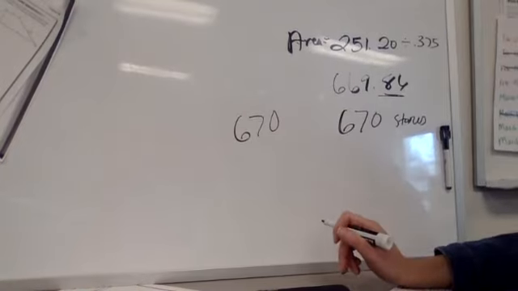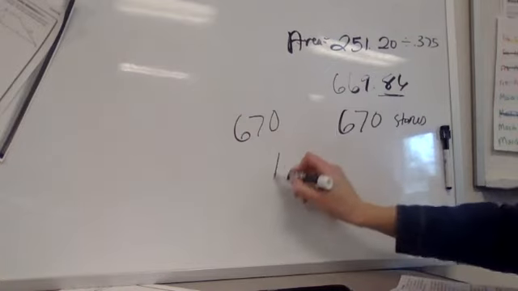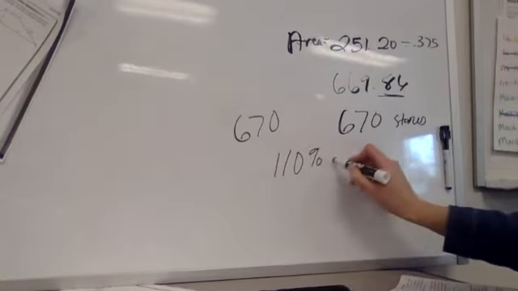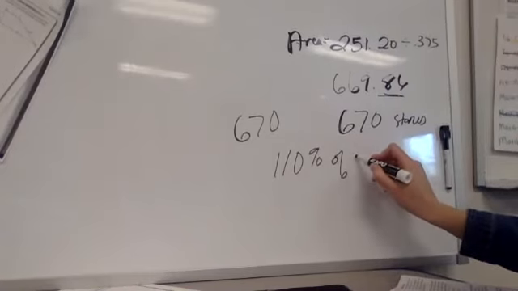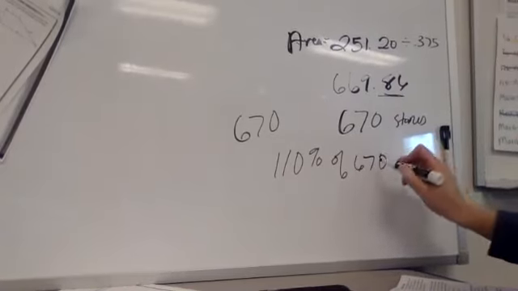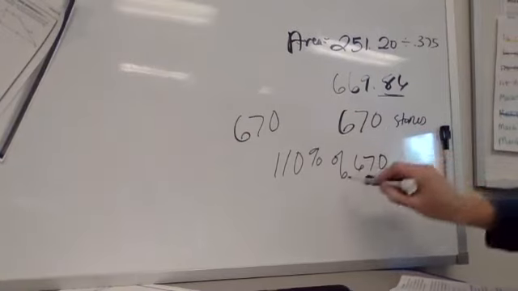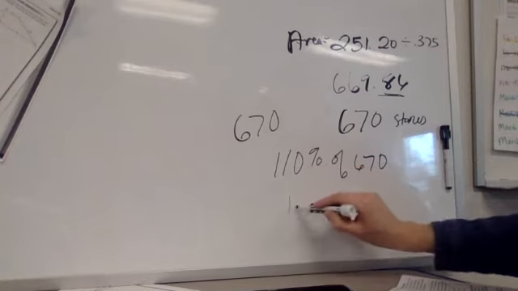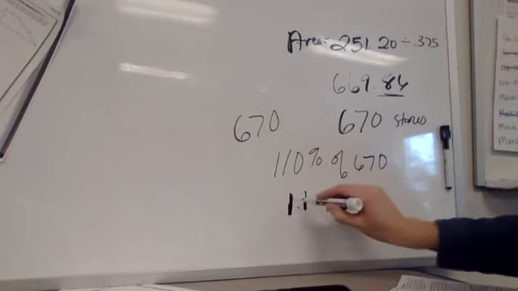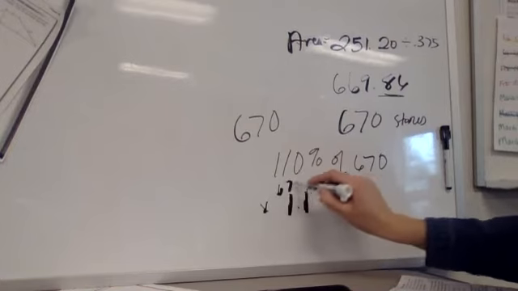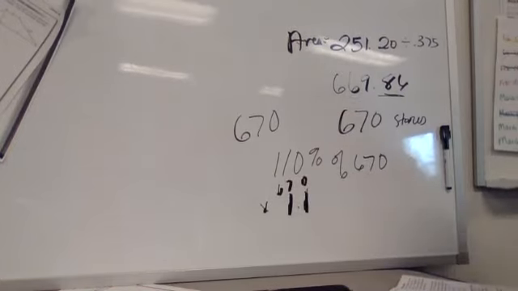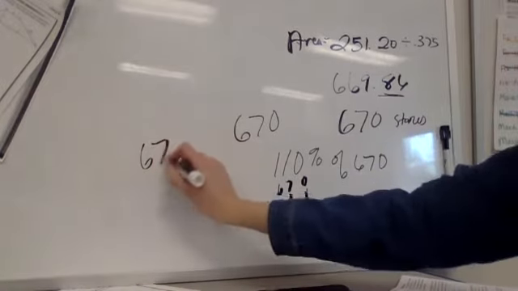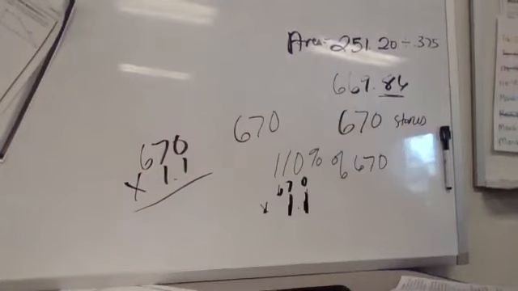So what I'm doing is finding out 110% of 670. So how do you do that? Remember, you're going to change this to a decimal. So you have 1.1 and then multiply that times 670. All right. So sorry, you can't really see that. 670 times 1.1. That's your thing there to figure out how many paving stones he's going to get in total.